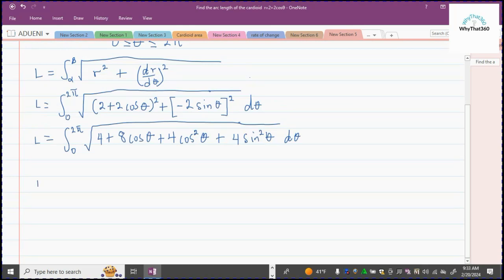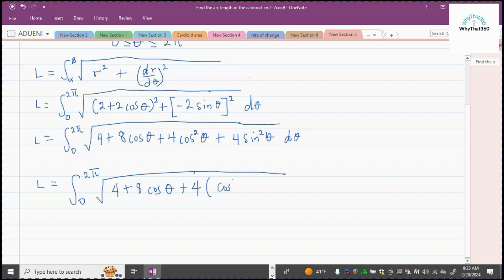We will have the length still equal to the integral from 0 to 2 pi of the square root of 4 plus 8 cos theta, plus, then we factorize 4 out, we get cos squared theta plus sine squared theta, d theta.